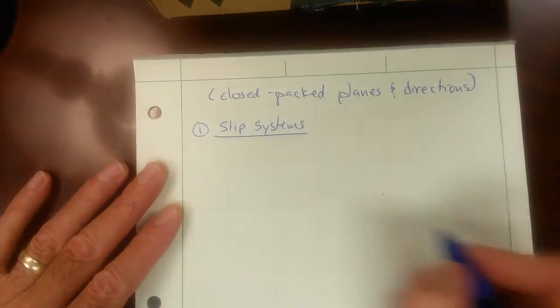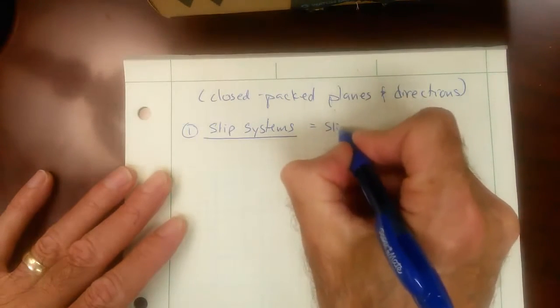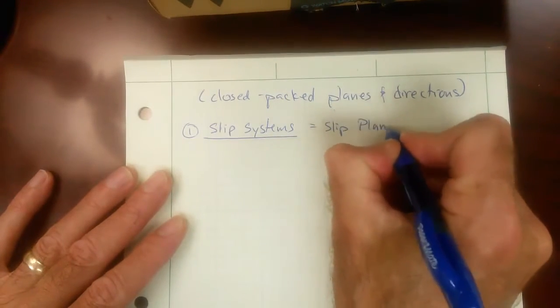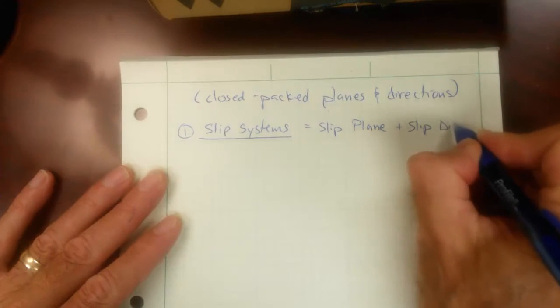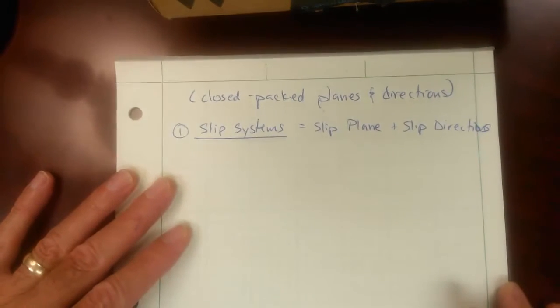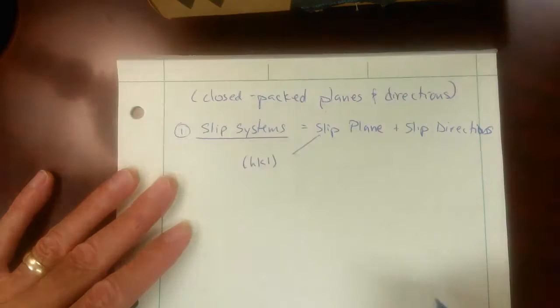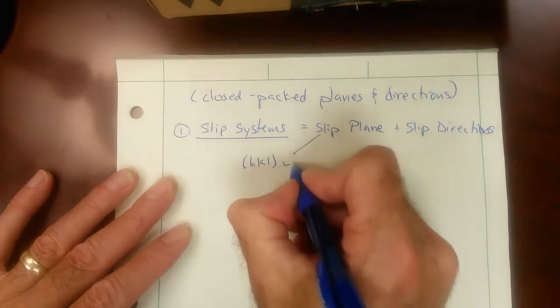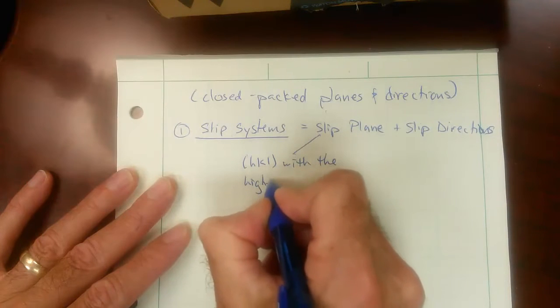Slip systems. Slip systems are made up of a slip plane plus slip directions. The slip plane is the plane given by Miller indices HKL with the highest planar density.